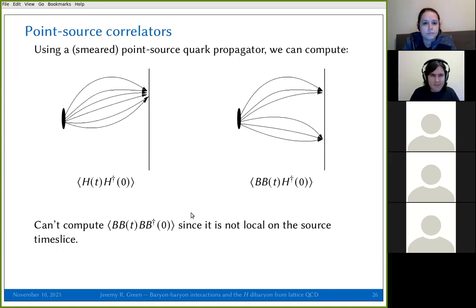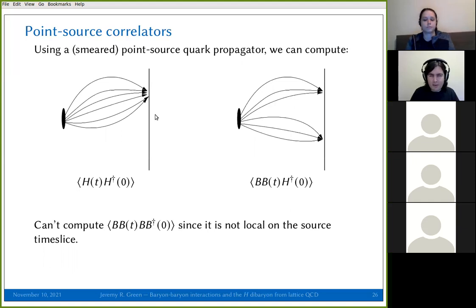And it gets even more complicated, because once you decide the operators you want, the question becomes, how do you actually compute these correlation functions? A very common, very popular approach is to use point sources. With point sources, you can go from your point source to a point sink with all those 6 quarks at the same point.